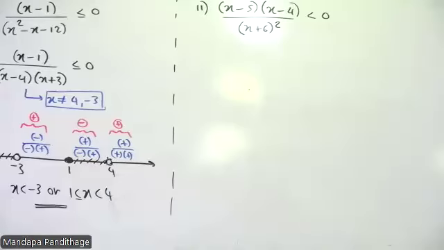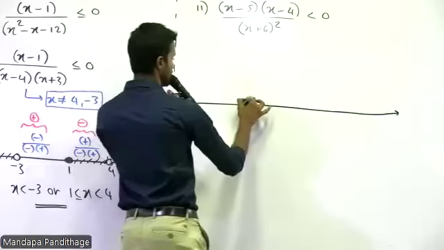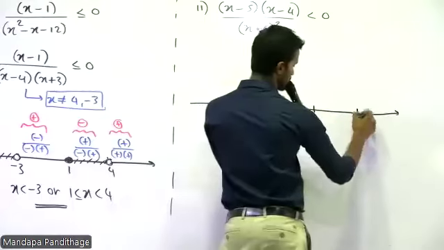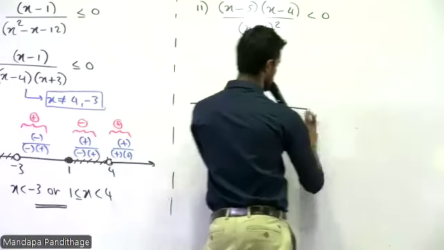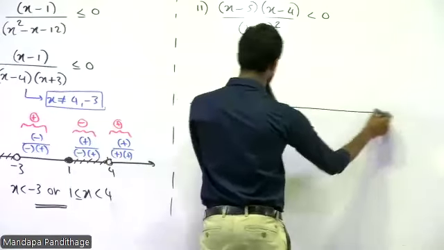Okay. So now when you mark the values that make this 0, it's minus 6, 4 and 5. So when you mark it, it's minus 6, 4, 5.